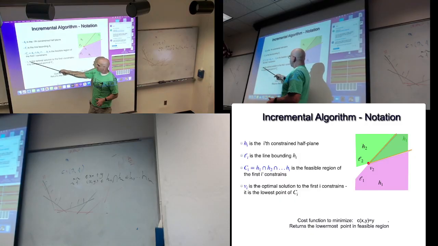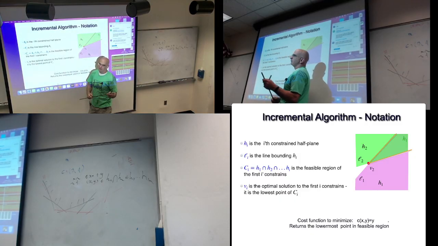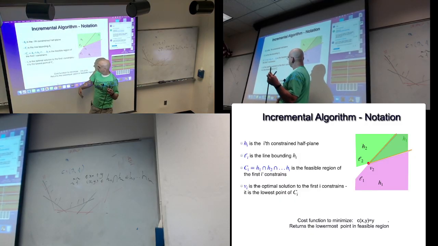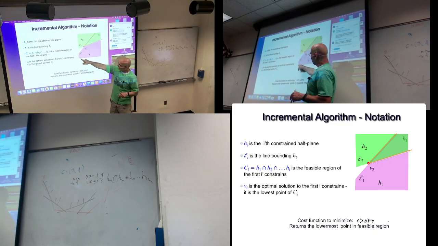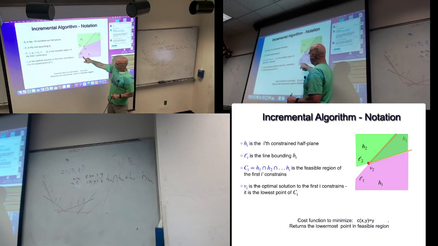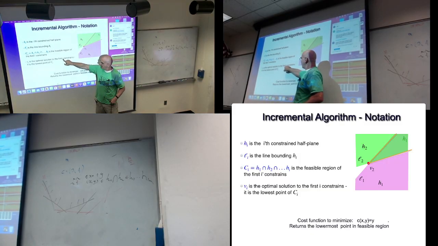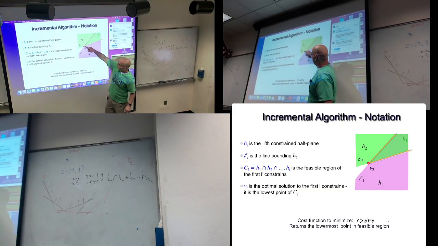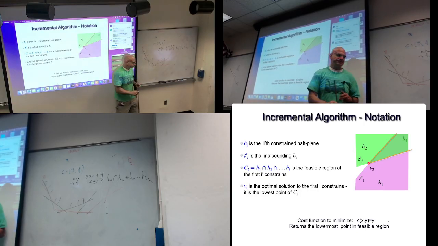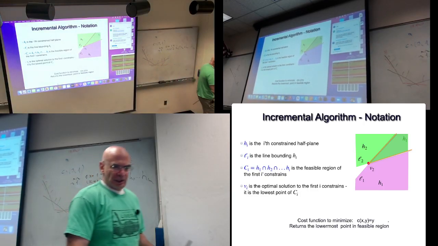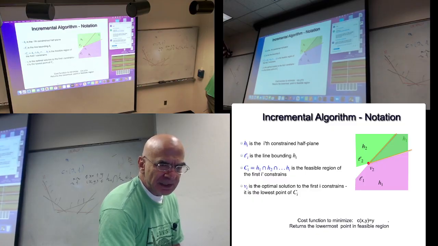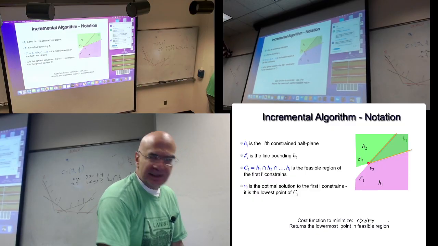Vi is what I'm definitely going to compute, to maintain and calculate at each operation. Vi is the optimal solution to the first i constraints. That is the lowest point of Ci. I'll play a bit on the whiteboard with this example, first on the slides. Here is V2.